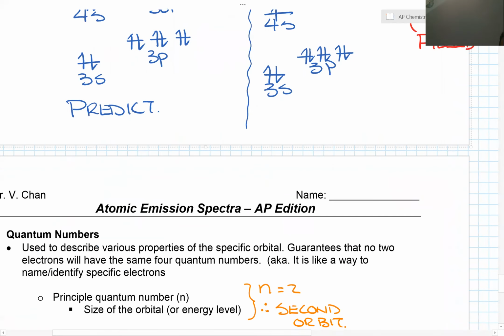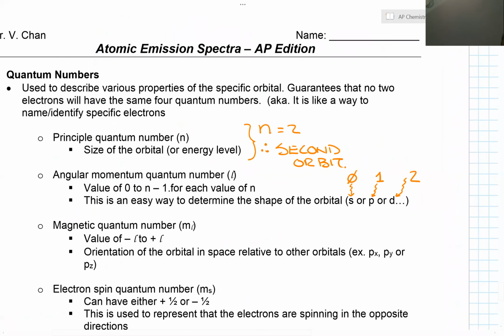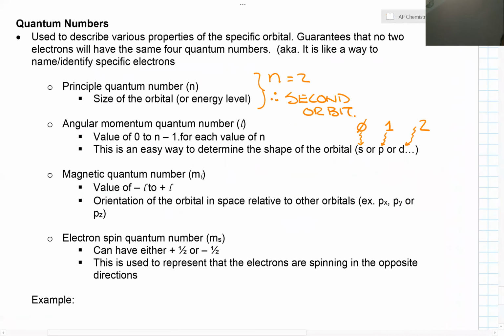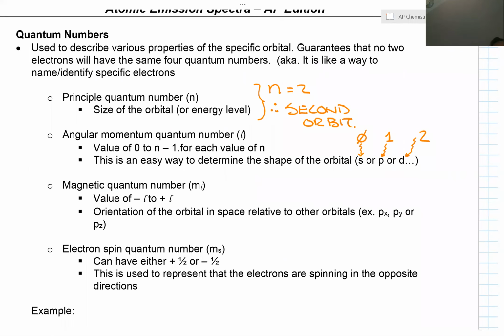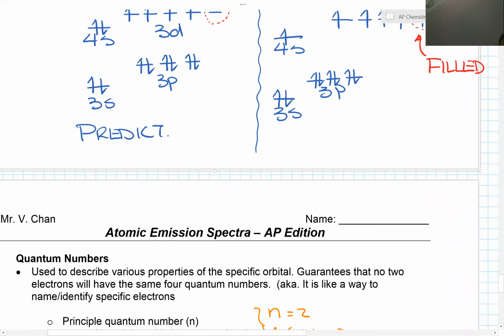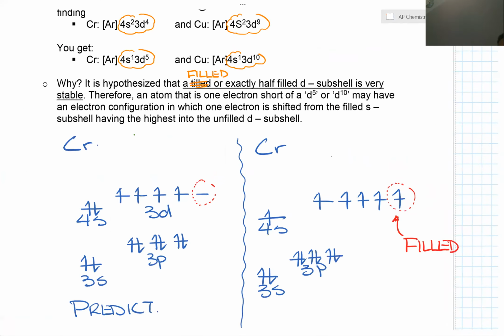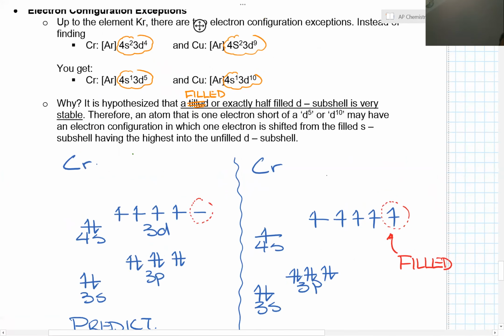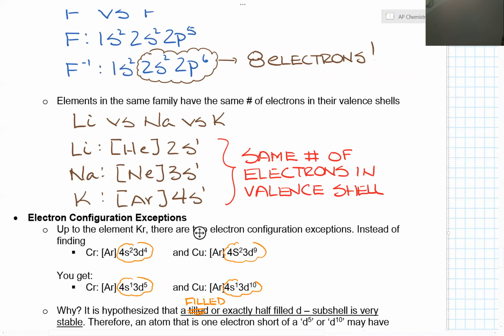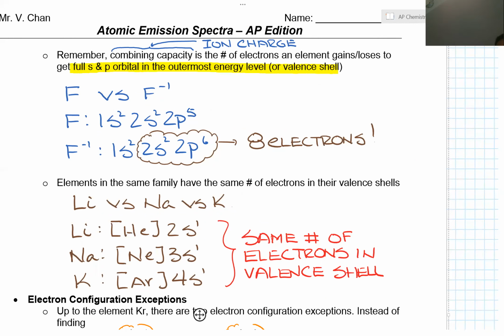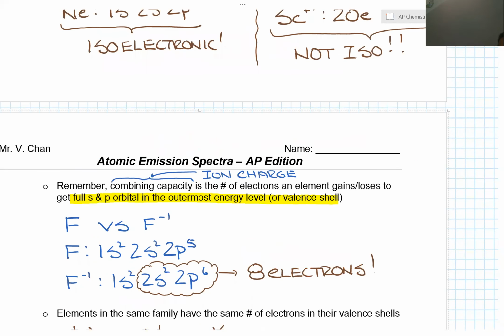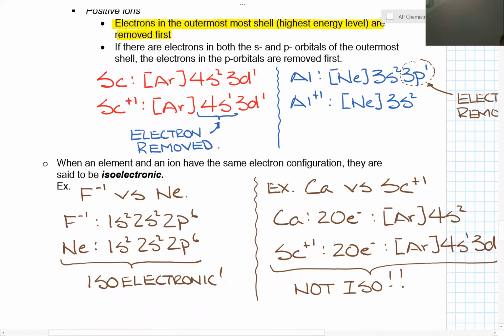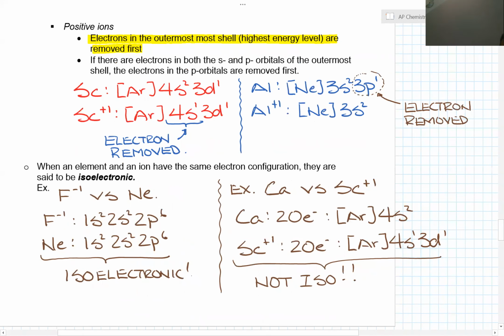Now, there are quantum numbers. Okay, you don't need to know about quantum numbers, or the n or magnetic quantum number or whatever. All you need to know is how to do the electron configuration and how to recognize valence electrons, and some of the characteristics and the notes that I've given you here.